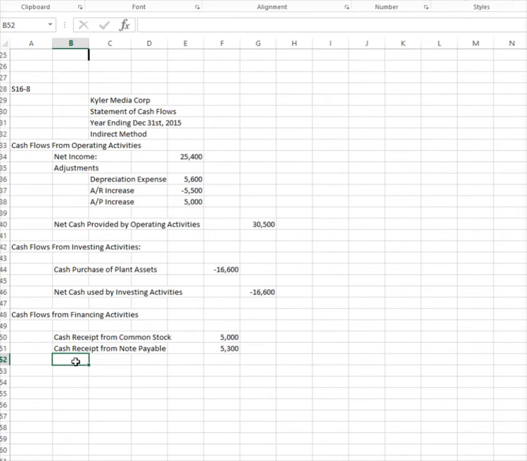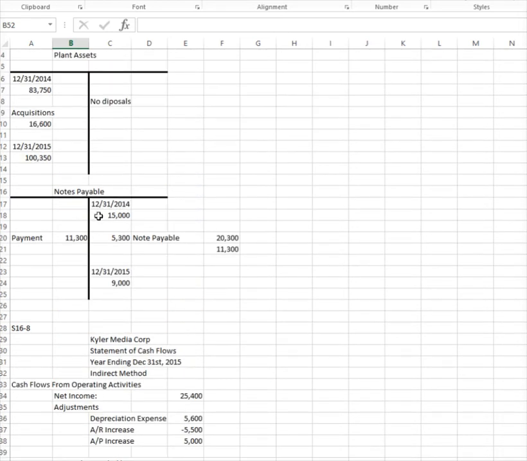So again, if we take a look at, let's see here, what other ones we need to pull out of here. So the last 2 items that we need to account for here on the financing activities are back from here.